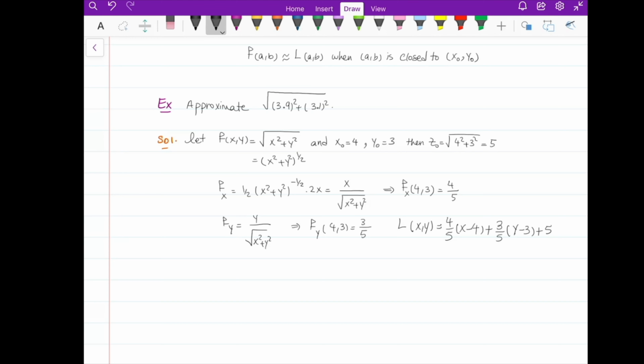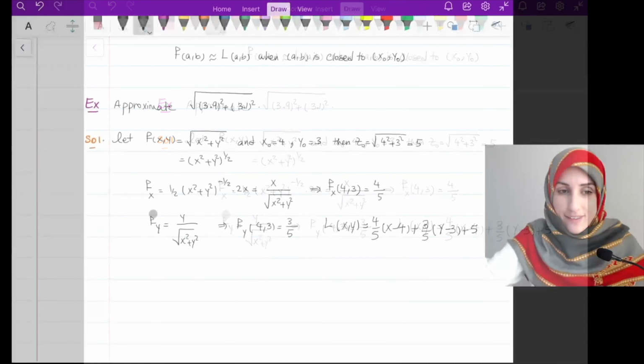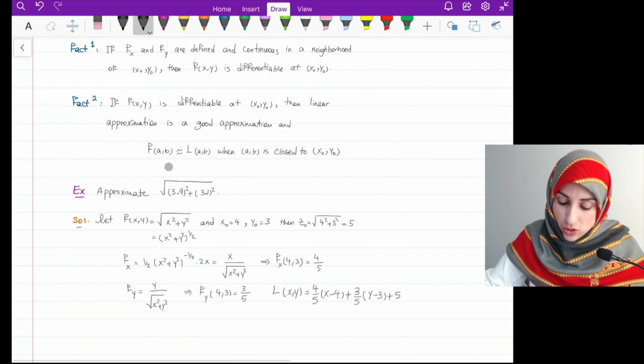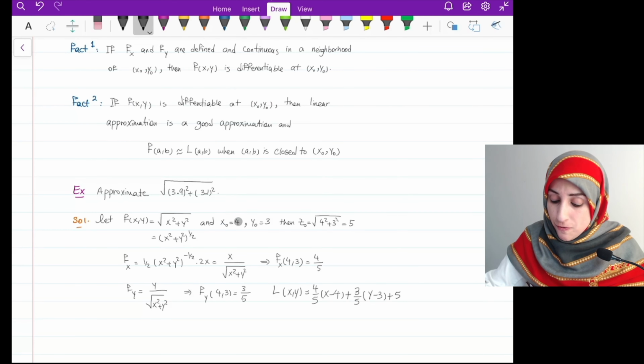And so as you see, based on the fact that I explained here, these two partial derivatives exist and they are continuous in the neighborhood of 4 and 3.